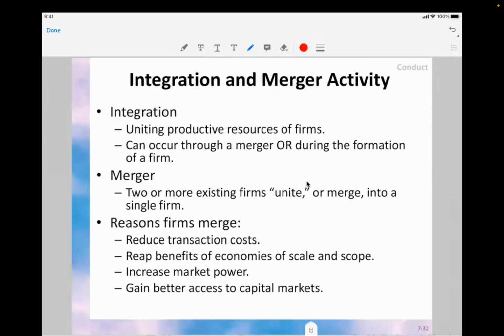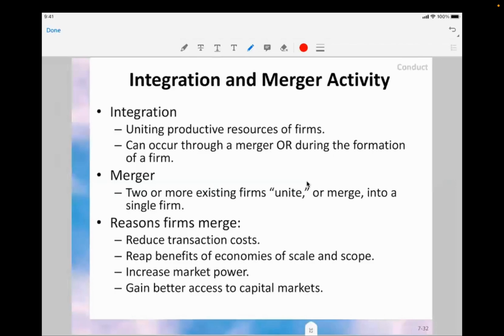Another feature here, as a behavior of the firm, is the decision about integration. Integration means uniting productive resources of firms under one formation, under one name, under one management, or maybe by the decision of a manager. So that's what we call integration. Two or more existing firms can unite and form a new, single firm, which is what we call a merger in this case.